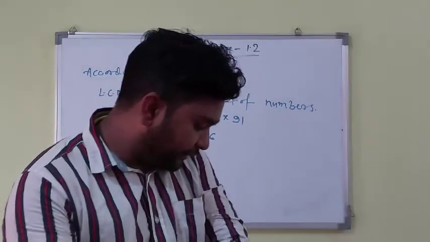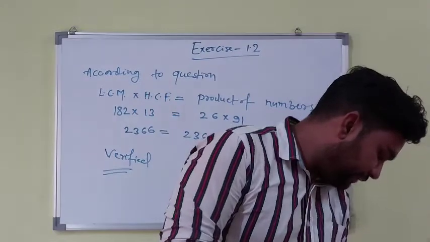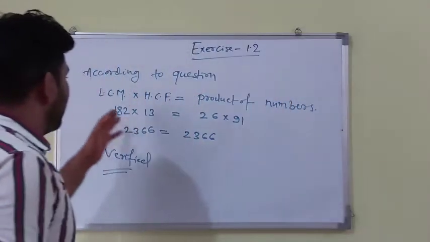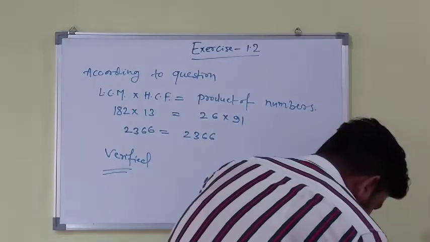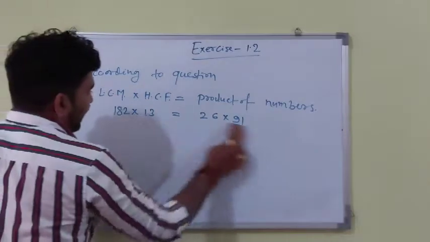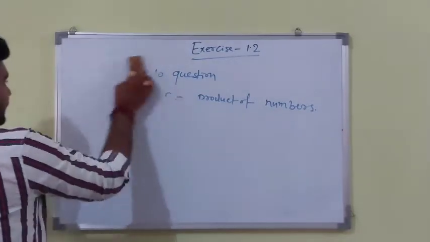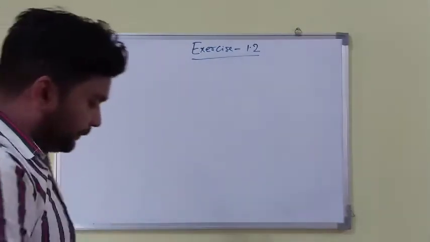Find the LCM and HCF of the following integers by applying the prime factorization method. It is very easy. In this question we apply the prime factorization method and get prime numbers as the factors or multiplication of the numbers.